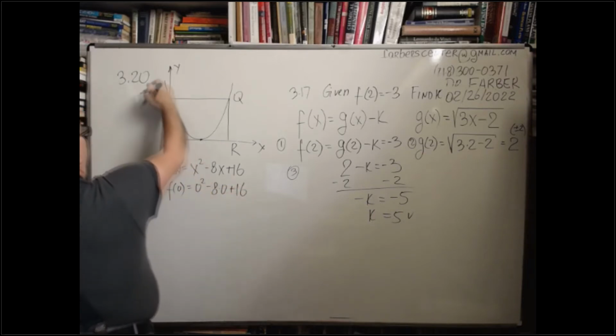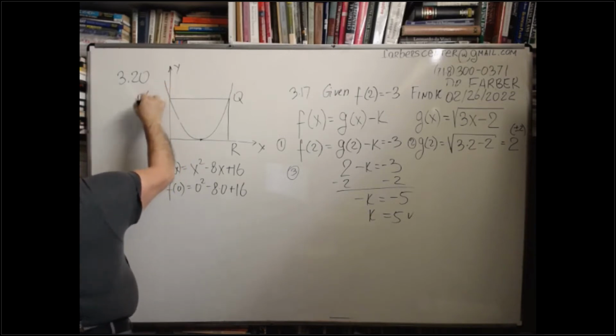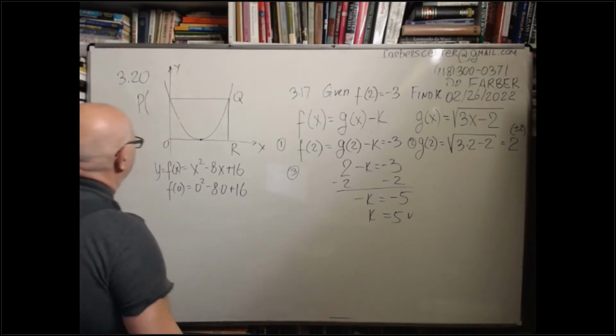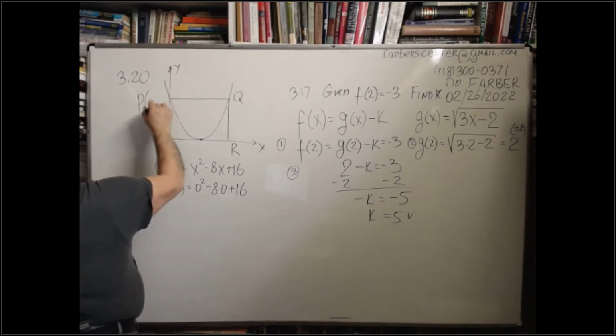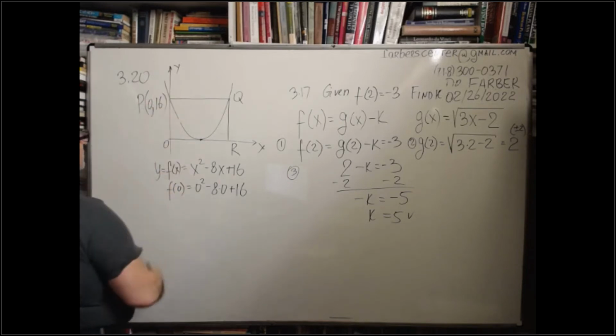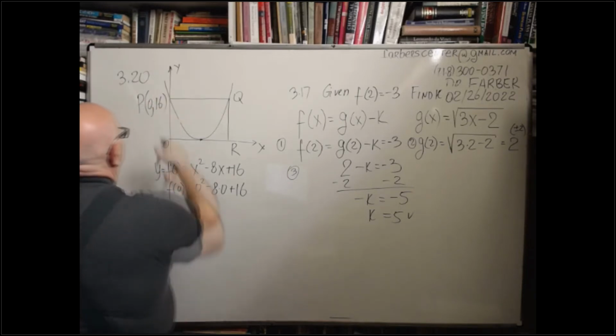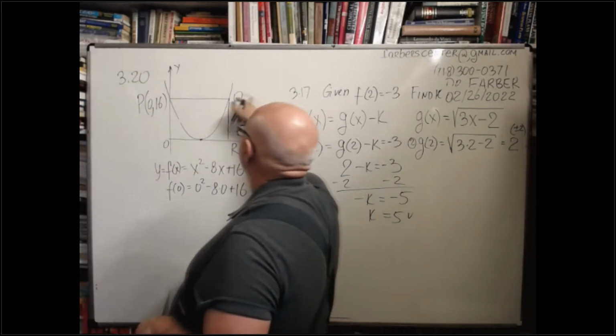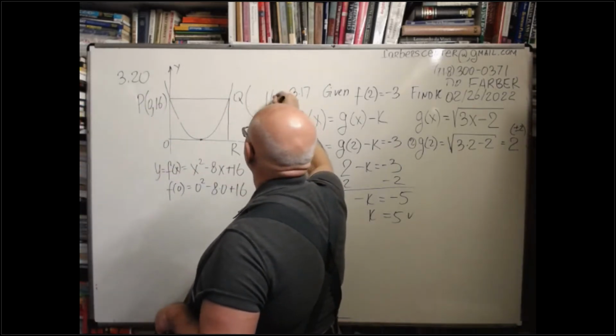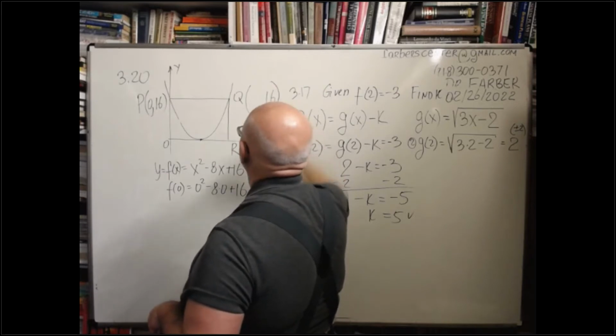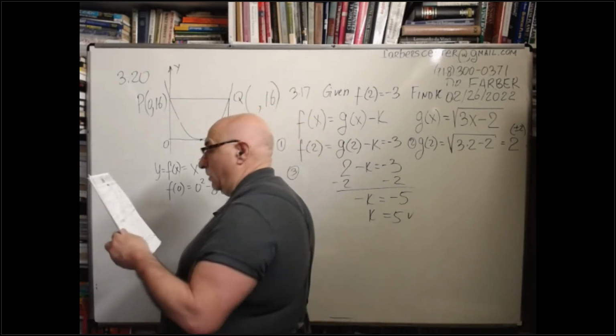I found this point P has coordinates X equal to 0 and Y equal to 16. Since this is parallel, the Y of this point is also 16. I don't have X.